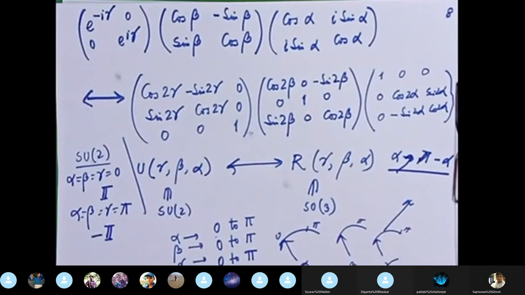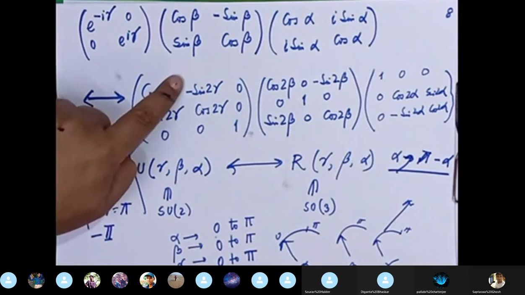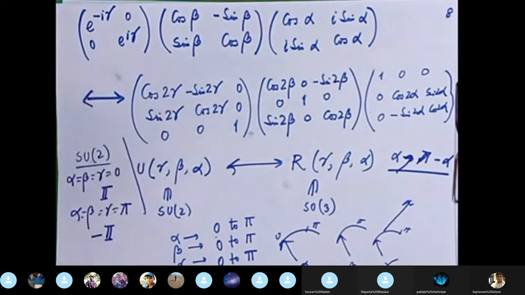But please try to work out these steps, whatever I have done to reach here, very thoroughly. Otherwise, you will miss the beauty of this thing. You will miss many things. Just try step by step what I am doing. SO2 to SU2 to SO3: establish this mapping, whatever I am doing, and at the end of the day, how I mapped it here.